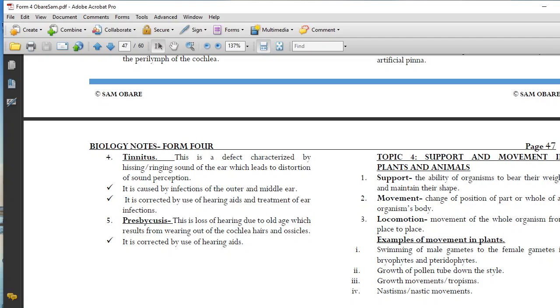For example, we've said one of the organelles that we've looked at is the mitochondrion, whose role is to synthesize energy. It's the site for energy synthesis in a cell or in an organism. Now, for the mitochondrion to perform its function of energy synthesis, substances must get into the cell and others must come out.